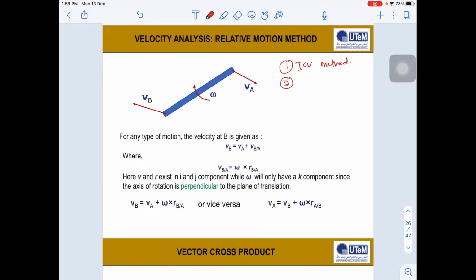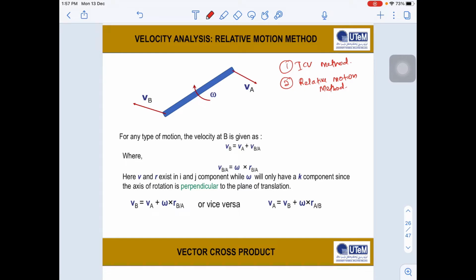Second is using the relative motion method. For the relative motion method, for any type of motion, the velocity at B is given by VB is equal to VA plus VB/A, where VB/A is omega times RB/A.